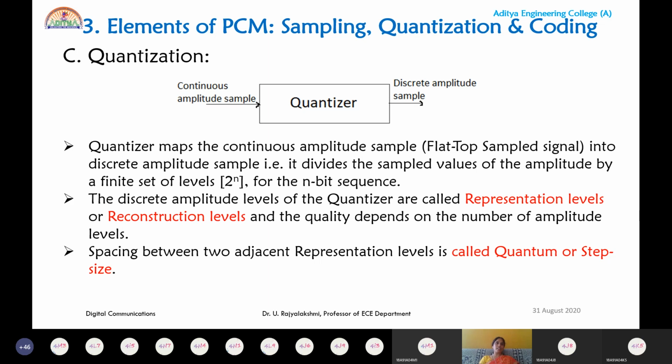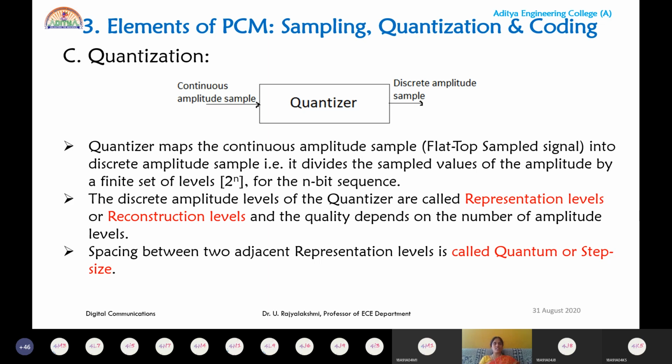Always note one more point: the quality of the quantizer depends on the number of these representation levels. Here the quantizer is a device, and quantization is the process performed by the quantizer.